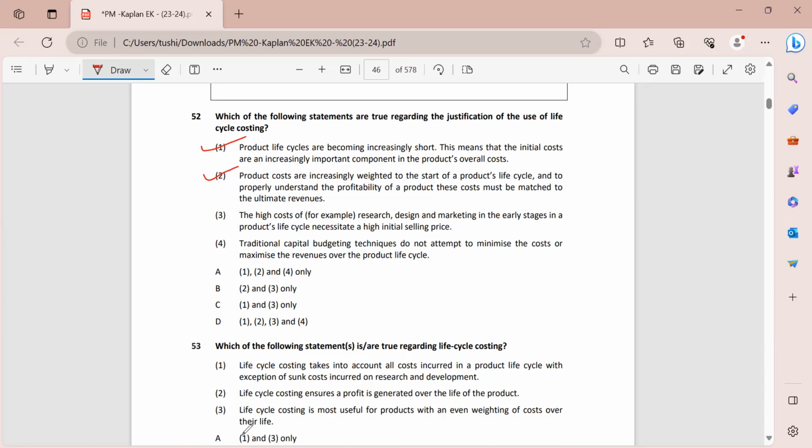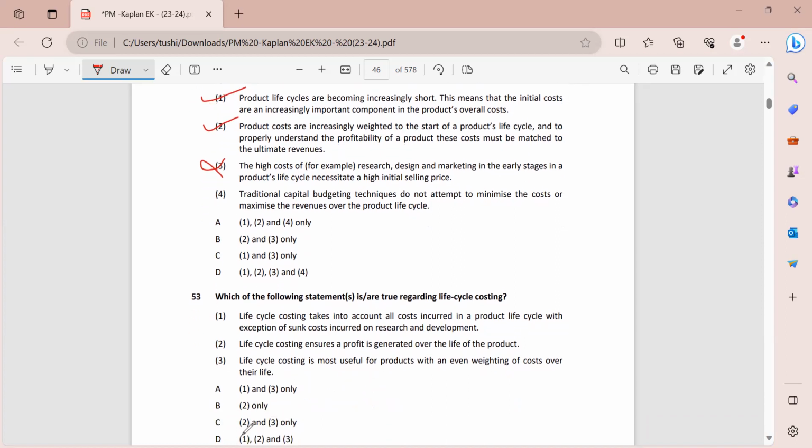Moving on to the third one, the high costs, for example, research, design, and marketing in the early stages necessitate a high selling price. No, you may or may not set a very high initial selling price. You may see that these are the sales that we can achieve later also, so you may distribute those high costs throughout the entire life of the product instead of charging a very high initial price.